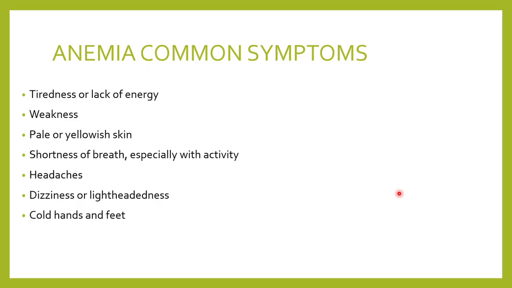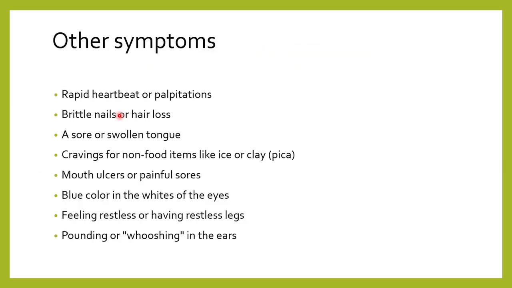I have told you that these are a few of the symptoms related to anemia. It could be tiredness, lack of energy, severe weakness, fatigue, skin becomes pale, conjunctiva is pale, or skin can have a yellowish tinge. There can be shortness of breath, especially when you are doing an activity. Headaches can be there, or headaches can worsen. There can be dizziness, lightheadedness. Hands and feet can be cold. They can have a rapid heartbeat, palpitation, because the heart is under stress now. The nails can be very brittle.